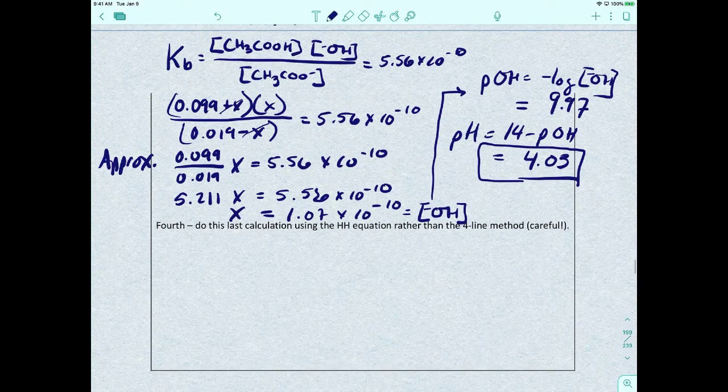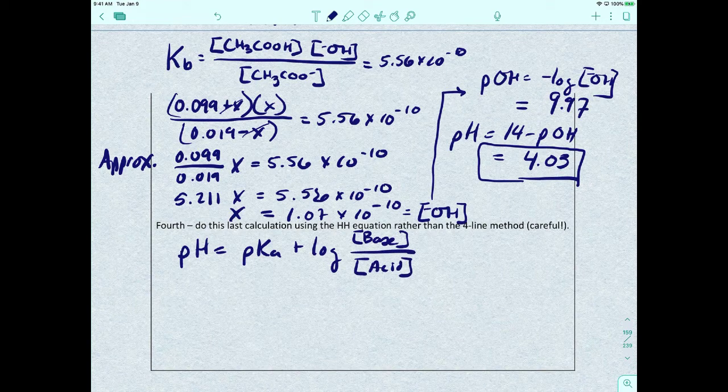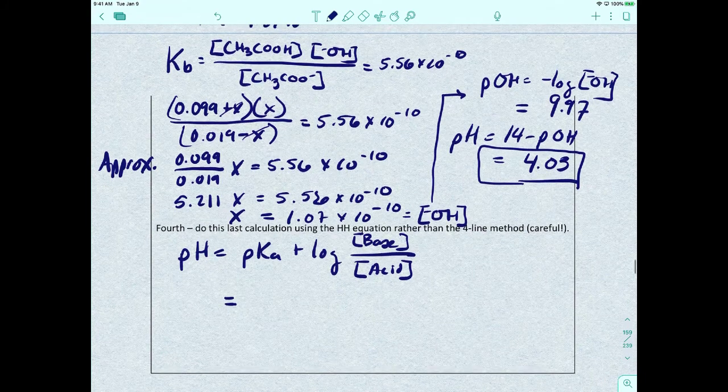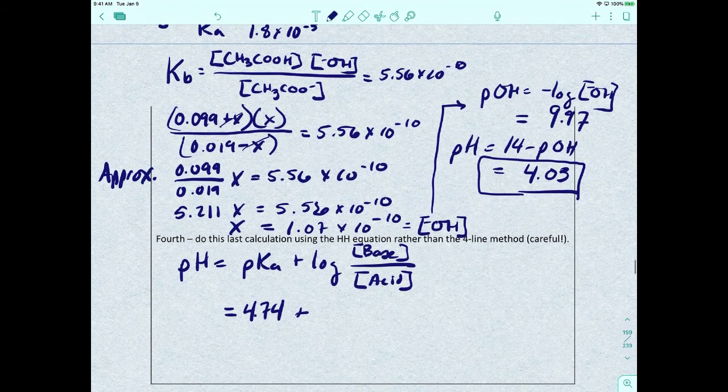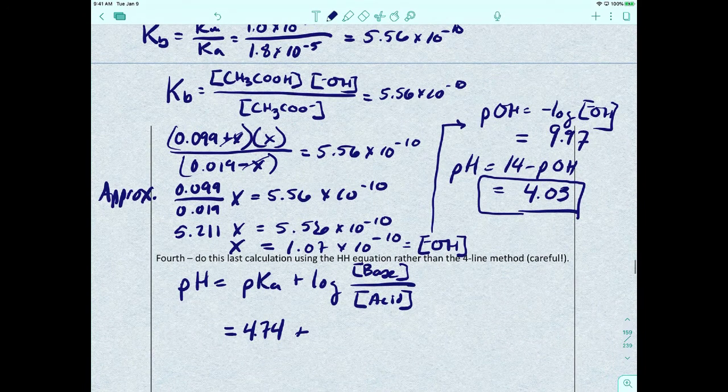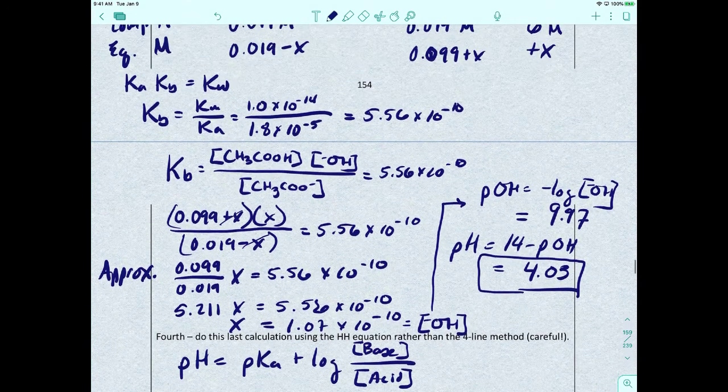The Henderson-Hasselbalch equation says that the pH is equal to the pKa plus the log of the concentration of base over the concentration of the acid. Now, the pH is what we're solving for. The pKa is 4.74. The base is going to be your acetate, and the acid is your acetic acid.